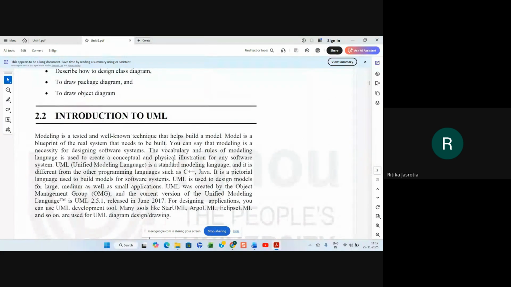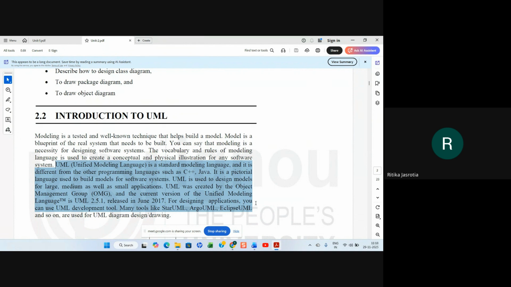Here it is given. UML is a standard modeling language, and it is different from other programming languages such as C++ or Java. It is a pictorial language used to build models for software systems. UML is used to design models for large, medium, as well as small applications. UML was created by the Object Management Group, OMG, and the current version of the UML modeling language was released in this.